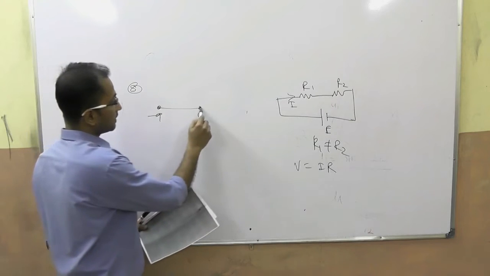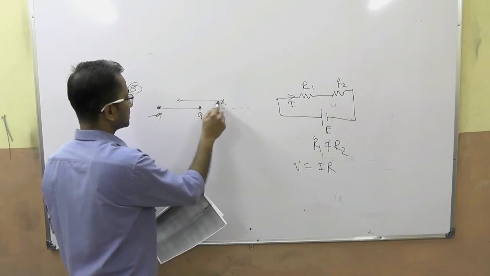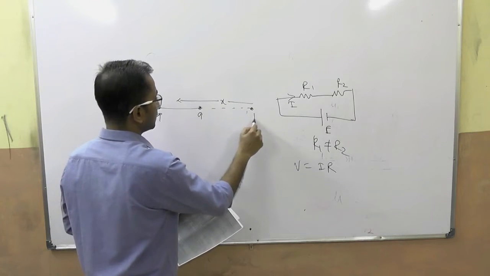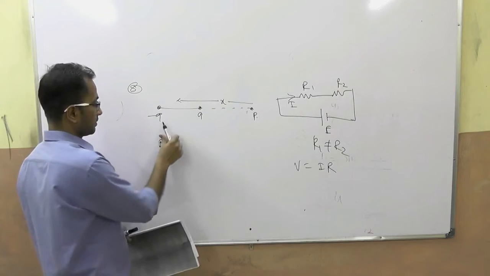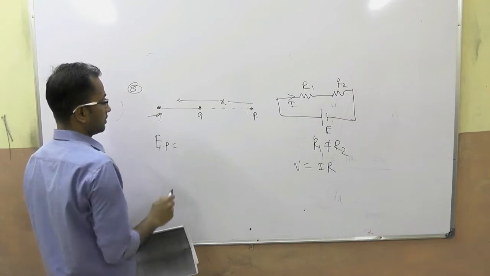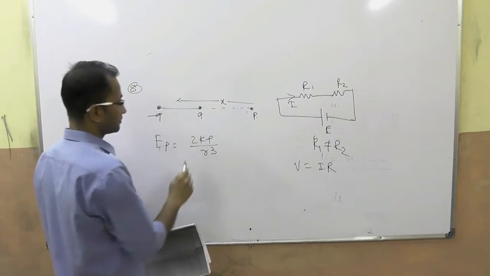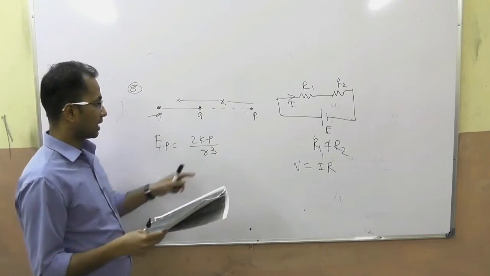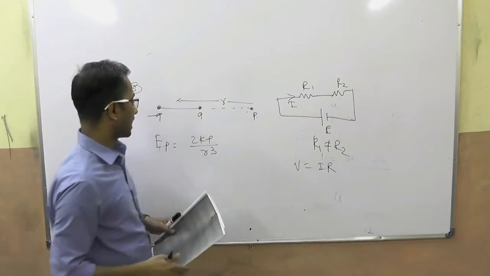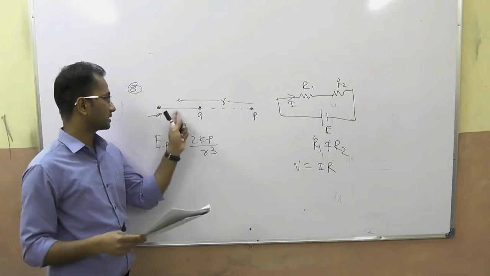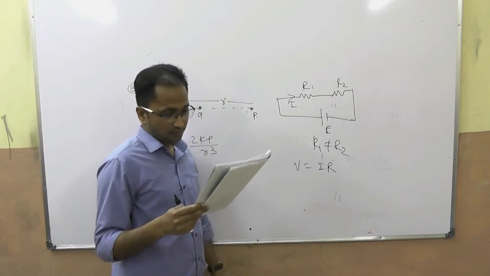Now the electric field at the axial position, at a distance r from the center, E is equal to 2kp by r cube. P is the dipole moment and r is the distance from the center of the dipole.